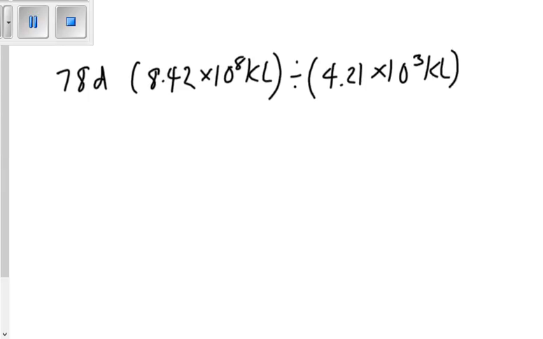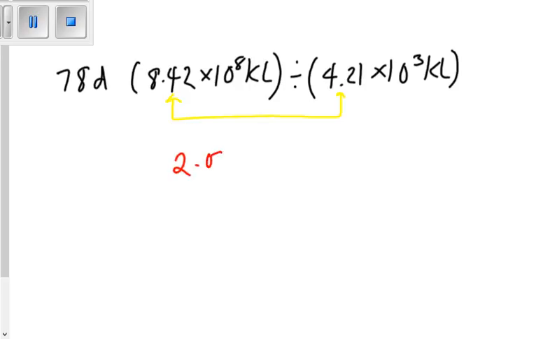So in this case, we divide our numbers here. 8.42 divided by 4.21 is going to give me just 2.